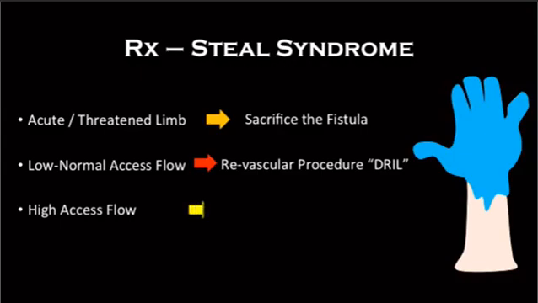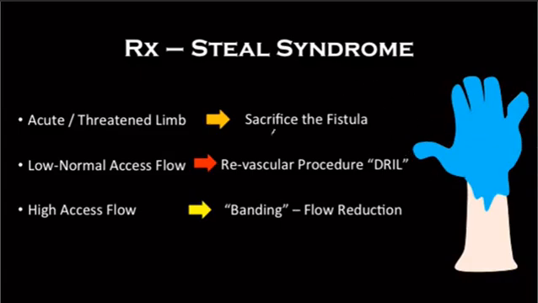And if it's a high access flow, then they'll band it to reduce the flow. In other words, if the access is stealing all the blood because it's a high flow thing, then the problem is in the access. If it's really not stealing that much flow, then the problem is further down in the arm, and you have to do a revascularization there.